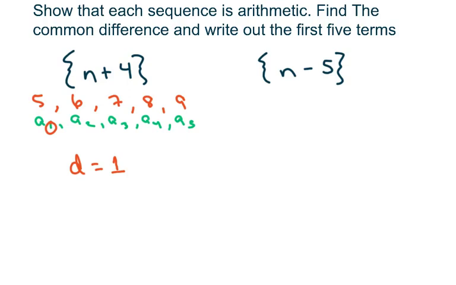What they want you to do is to show that it's arithmetic, and the way you do that is you show that d equals your next term minus your current term. So in this case, our next term is n plus 1, and our current term is going to be the 4.